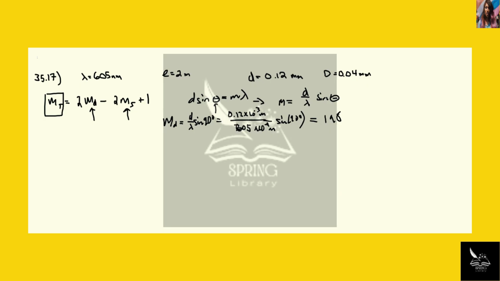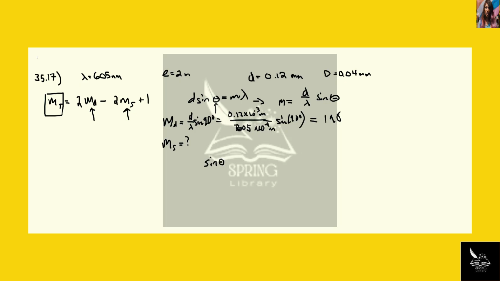Okay, so now that we know MD, we need to find MS. So for the single slit, this is how many of these correspond with the M from the other one. So that means we need to relate two equations.